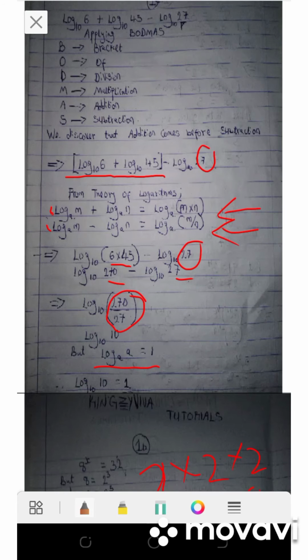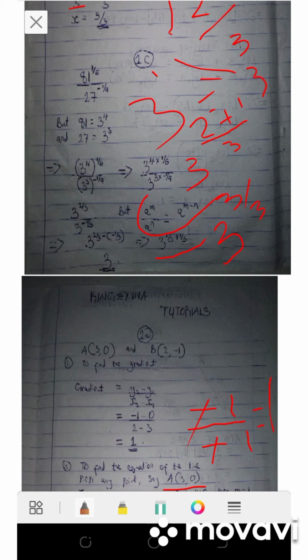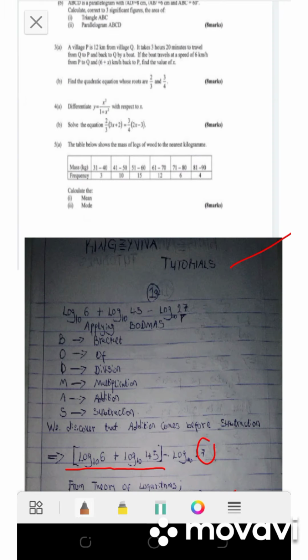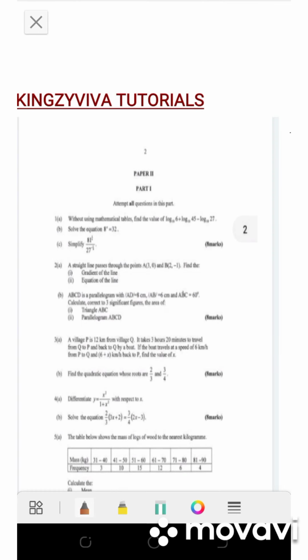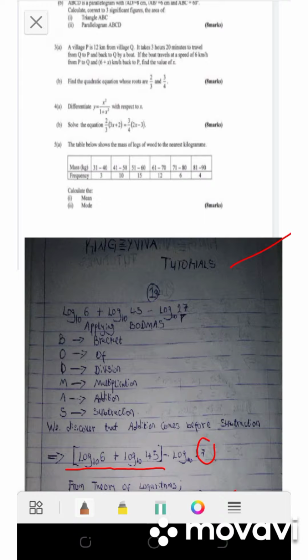Now, when you translate this question into a diagram, you have what I have there. To find the area of triangle ABC, this is triangle ABC. I'll draw a line from this point to this point.